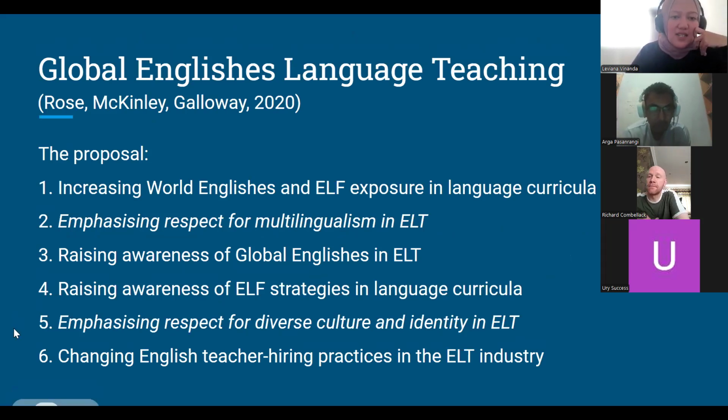Number 2 is emphasizing respect for multilingualism in English language teaching. That is one of the most important things in the research in this area. Respect for multilingualism. So something like an English-only environment is something that we keep questioning, not to challenge, not to be against, not to reject, but something we question. And number 5 is emphasizing respect for diverse cultures and identities in ELT.